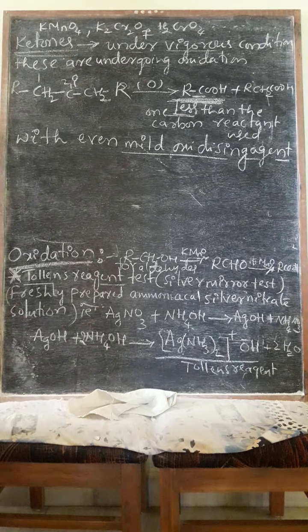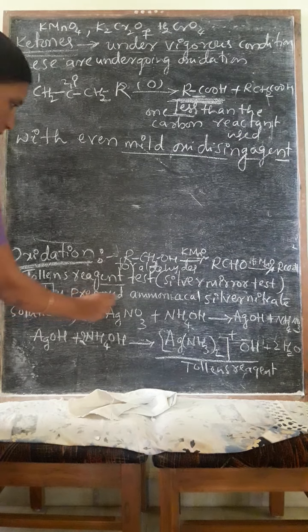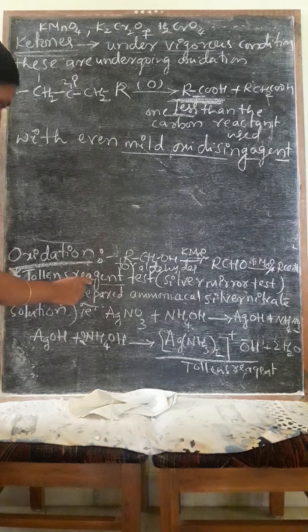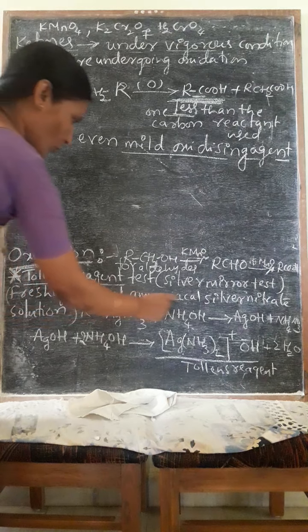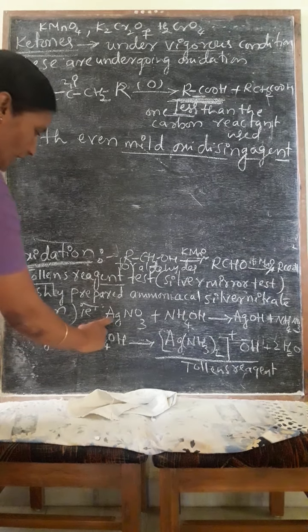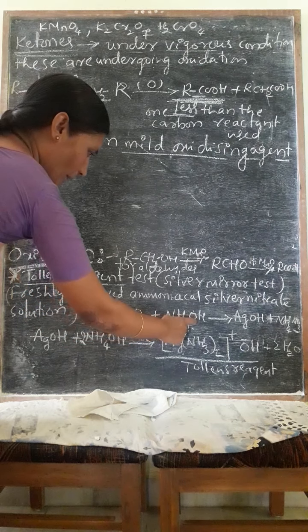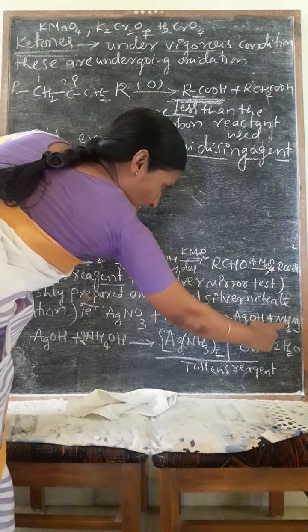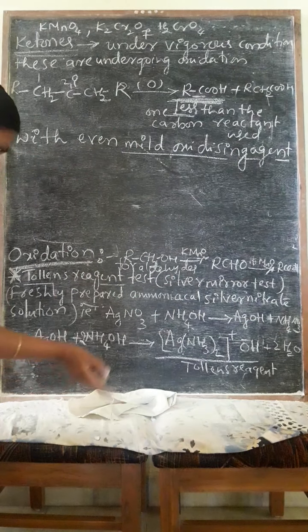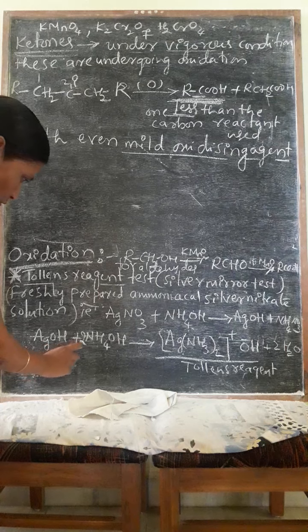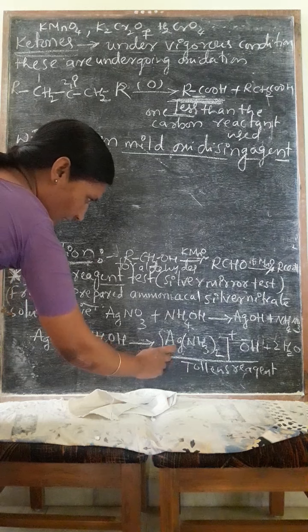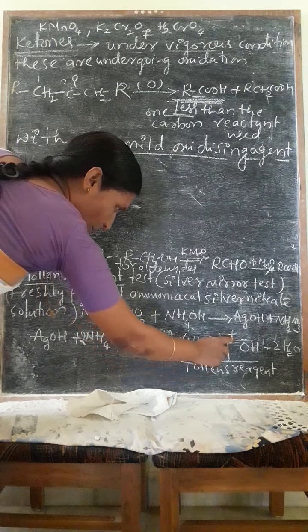What is this Tollens reagent? First you have to know that freshly prepared ammoniacal silver nitrate solution is known as Tollens reagent. The reaction is AgNO3 plus ammonium hydroxide gives AgOH plus NH4NO3. Now AgOH plus 2NH4OH combine giving the Tollens reagent, Ag(NH3)2 plus OH minus.